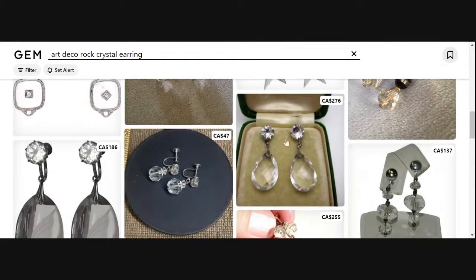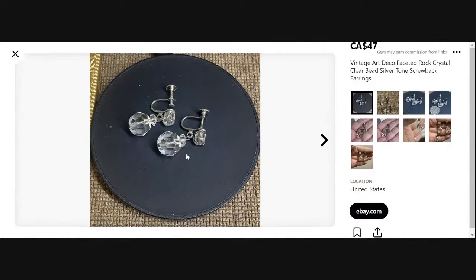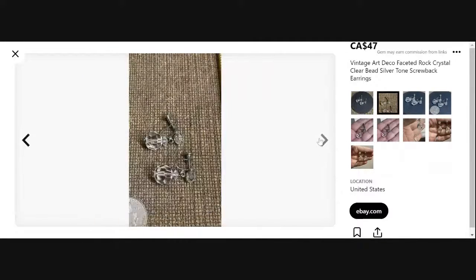Here are two beautiful pairs, three beautiful pairs. Let's start here. We've got this one, vintage Art Deco faceted rock crystal clear bead silver tone screwback earrings. Okay, so when I first look at this, I can't help but think that it may not be rock crystal.